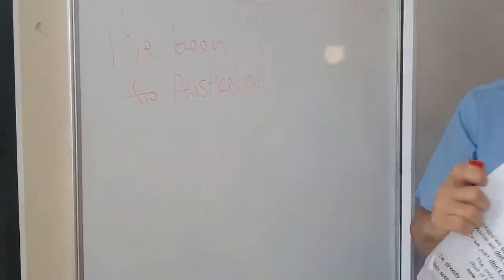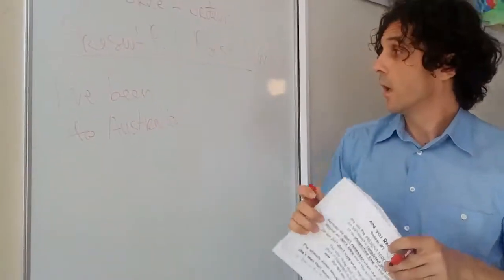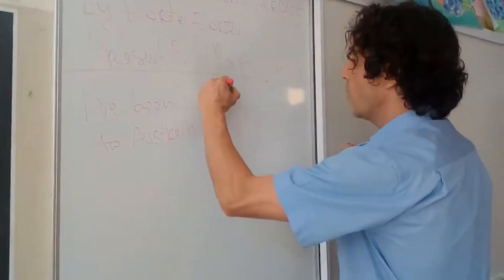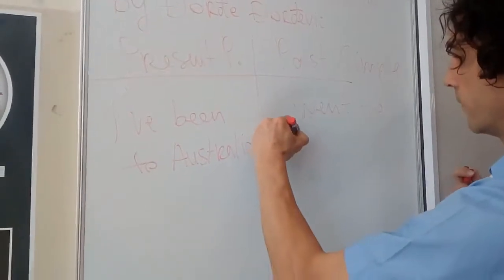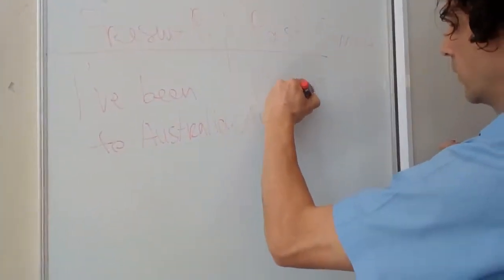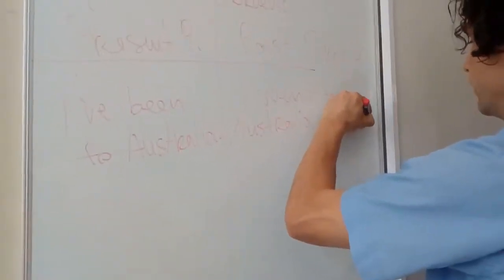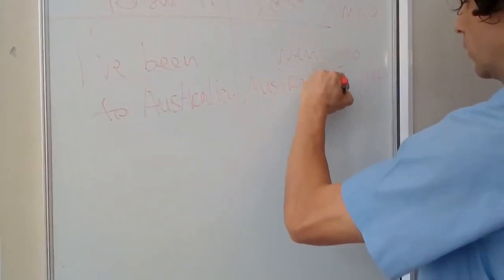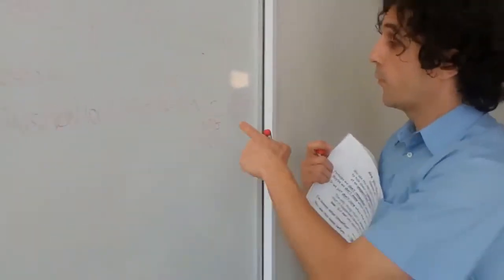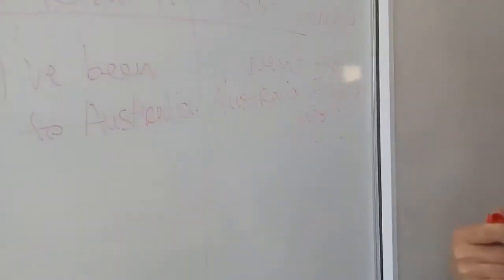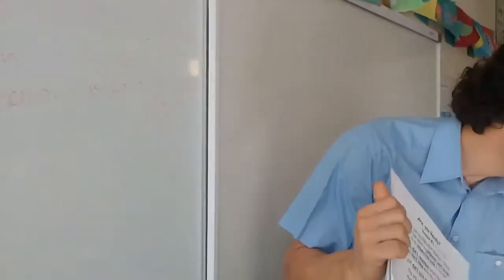This sentence doesn't tell us when I went to Australia, but if we say I went to Australia 5 years ago, there is an exact time reference to the action of going to Australia, and that's why we used past simple tense.